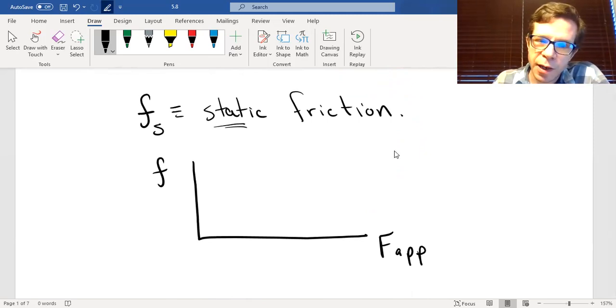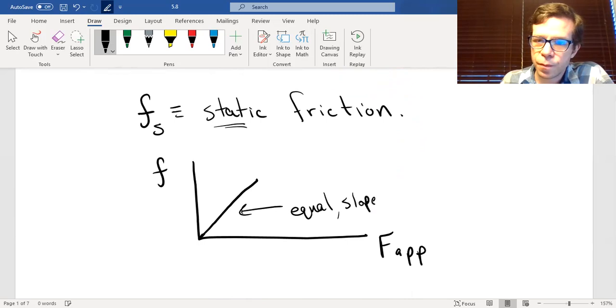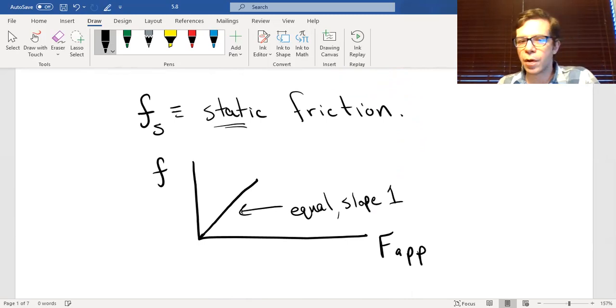So we would just have the line with slope 1. Right? Equal. Because at all points when you're at rest, the applied force is canceled out by your static friction.